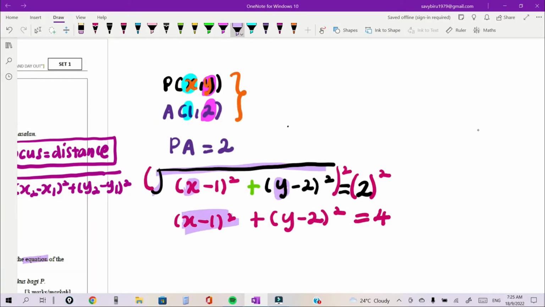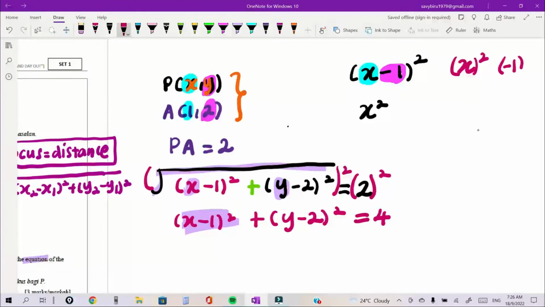This one, an easy technique to expand. I explained already how. Okay, we take the variable you have here, x, you square it, becomes x squared. Next, we take the value there, negative 1. You square it, becomes positive 1.